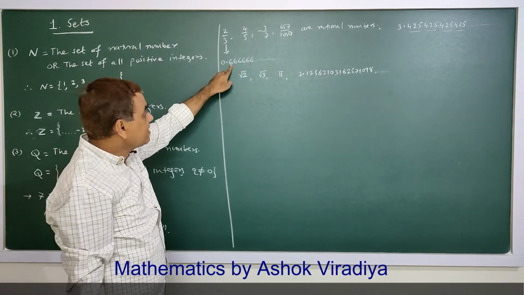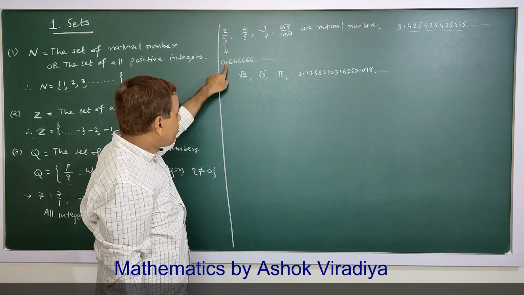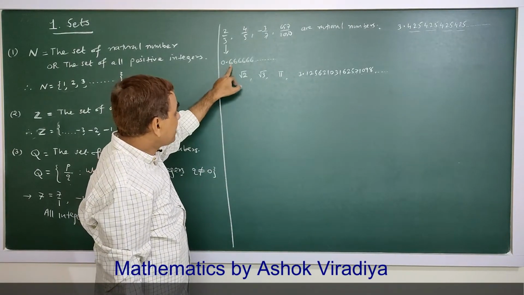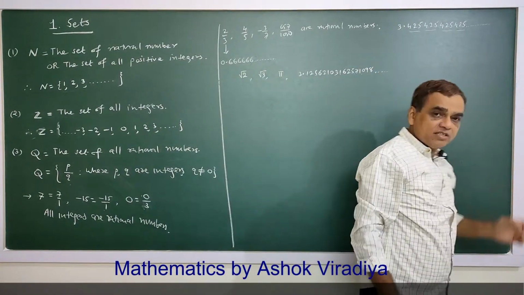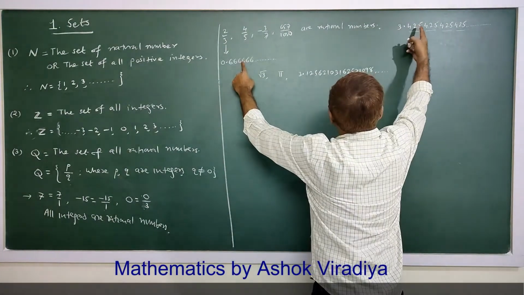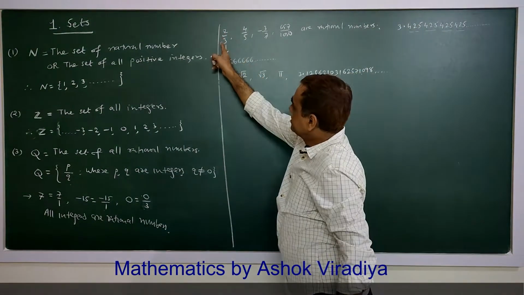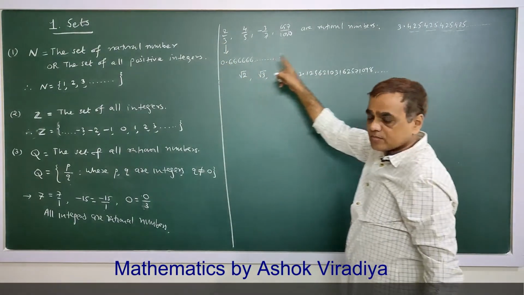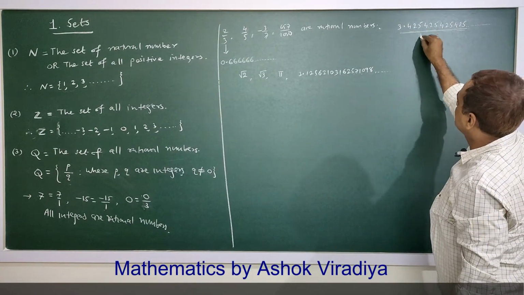Here a single digit is recurring. After decimal point, from any place, if you find recurrence of a single digit or a bunch of digits, then such numbers are rational numbers. 2 by 3 is a rational. This number is also a rational number.